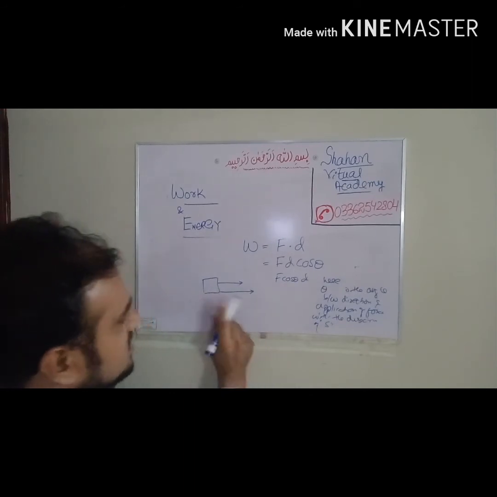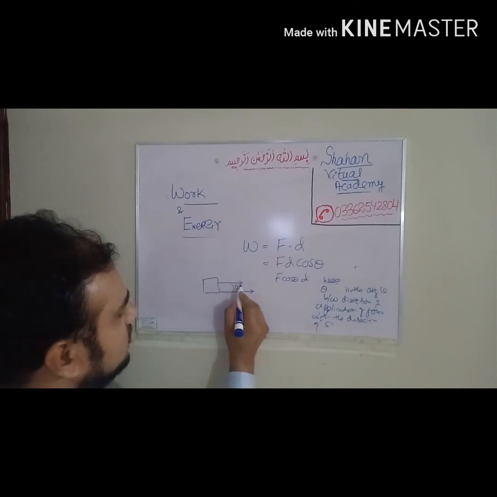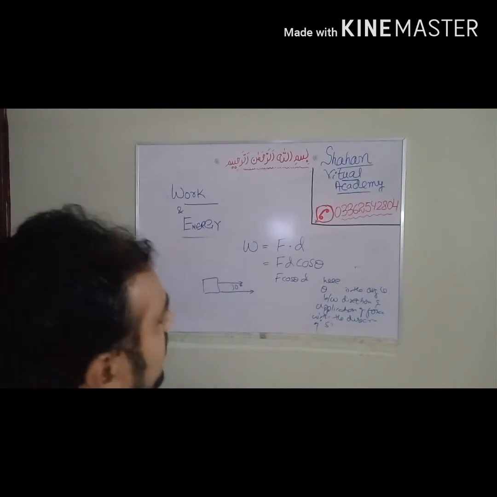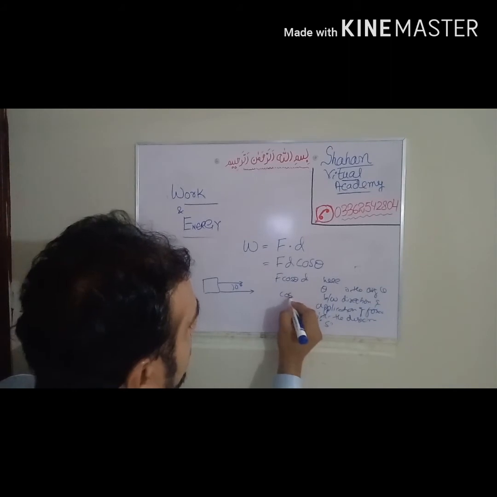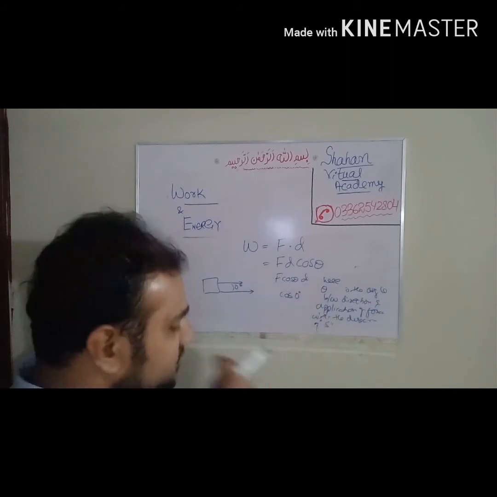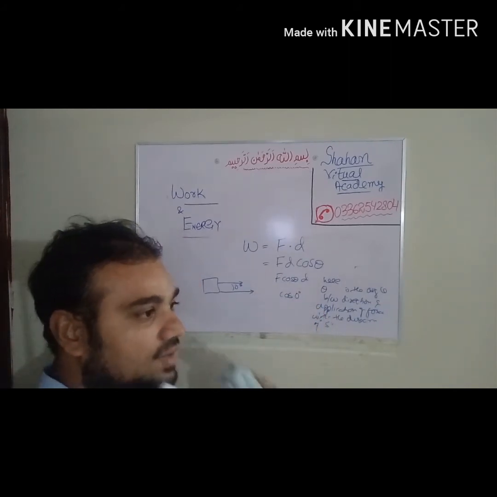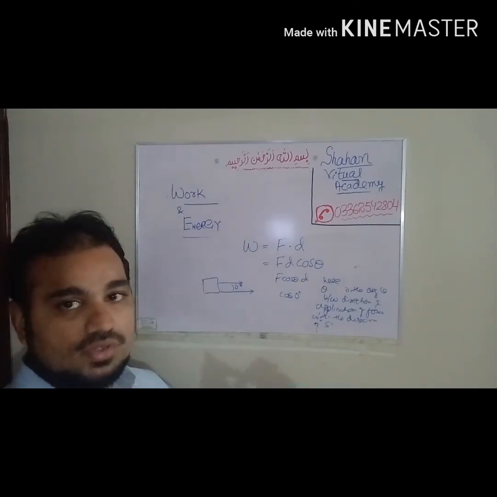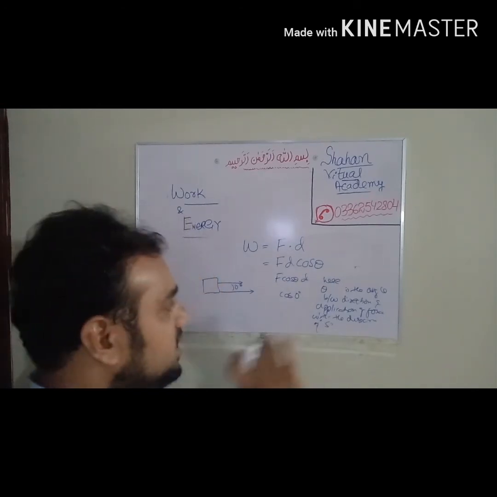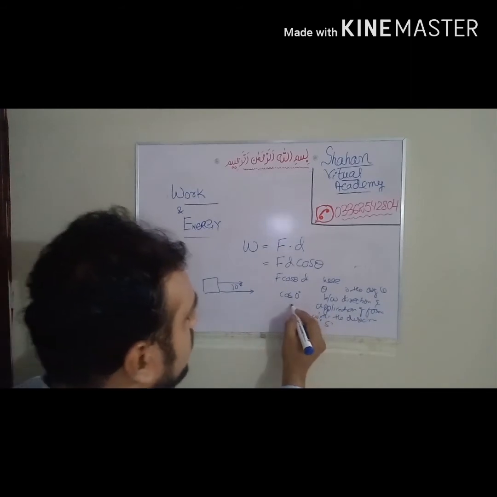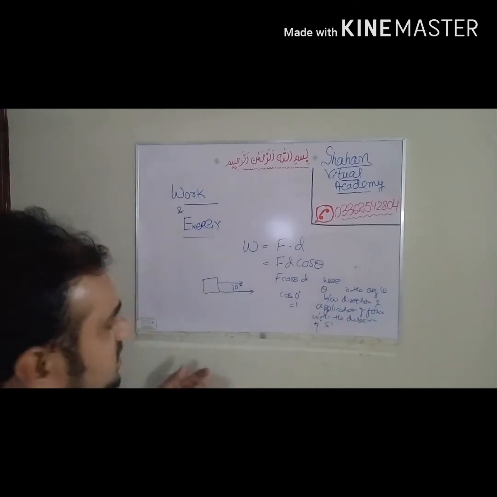Here theta is 0 degrees, and the work is maximum when theta is 0 degrees, meaning when the force is applied in the direction of displacement. Then theta is 0 and the work is maximum, because cos theta is 1.